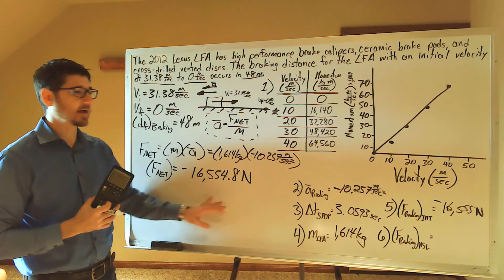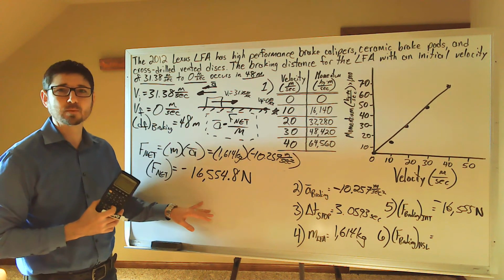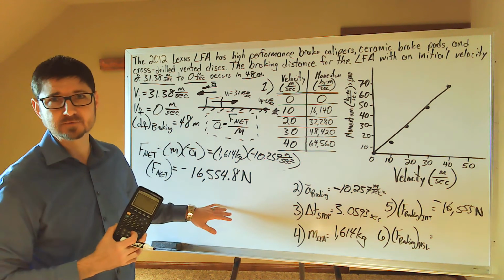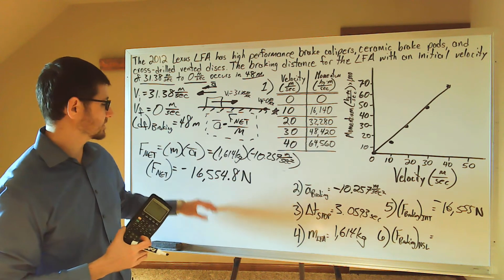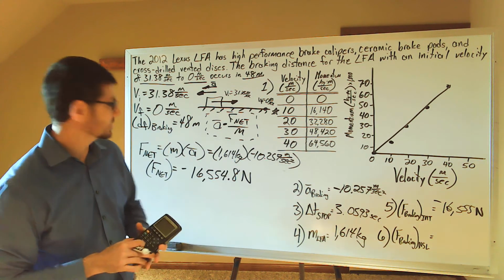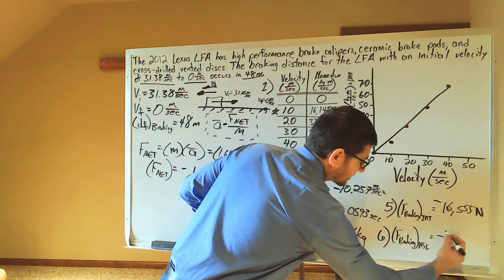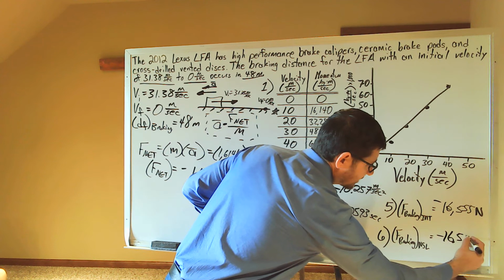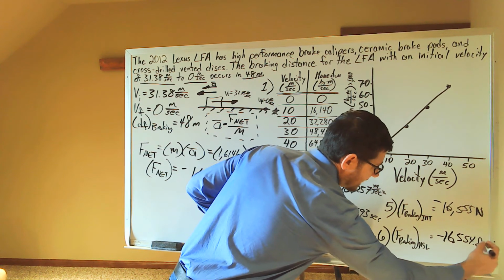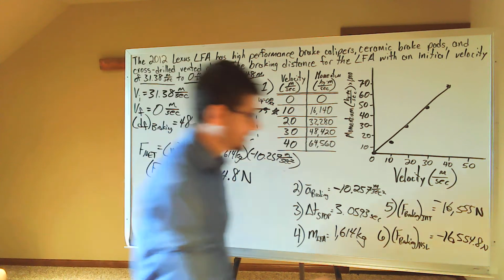So doing a reality check, we're good to go here, because you know that there are 4.448 newtons in every 1 pound force. So we are just a fraction off of a pound force. So for number 6, negative 16,554.8 newtons. So very, very close here.